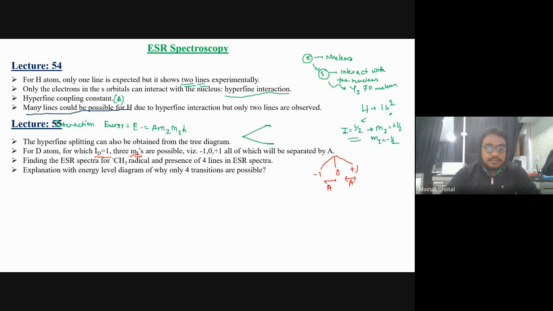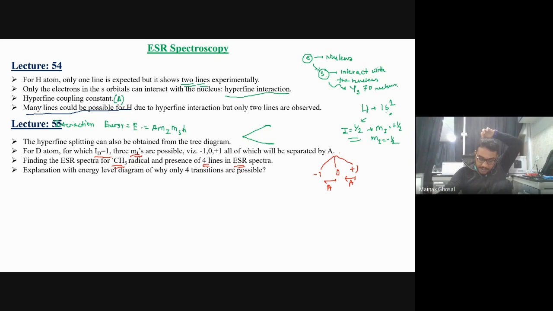Also there is a discussion of ESR spectra for the CH3 radical, which is very important, and just like hydrogen, 4 lines are shown in the ESR spectrum. Why are 4 lines obtained for CH3 radical? Because there will be ms value of plus half and minus half.